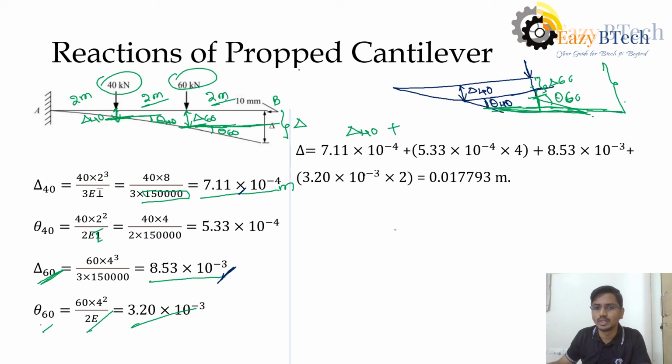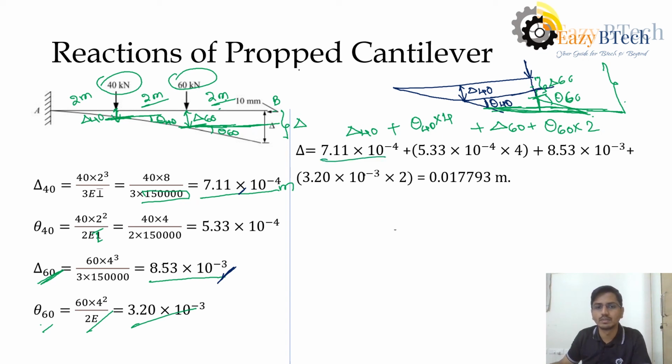So it is theta 40 into 4 plus the same deflection due to 60. Now 60 kilonewton is acting at 2 meter distance from support B. So it is theta 60.